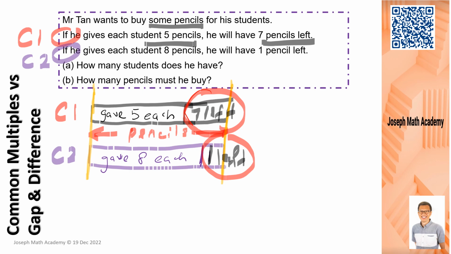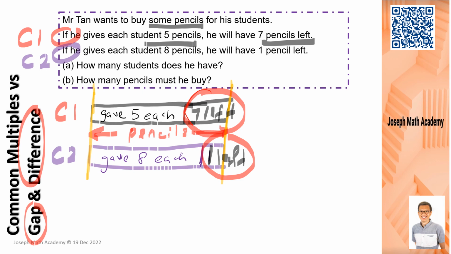Now, when we use gap and difference, it has a way of doing it using equations without having to draw the common multiples table, without having to list the common multiples, without having to use a times table.